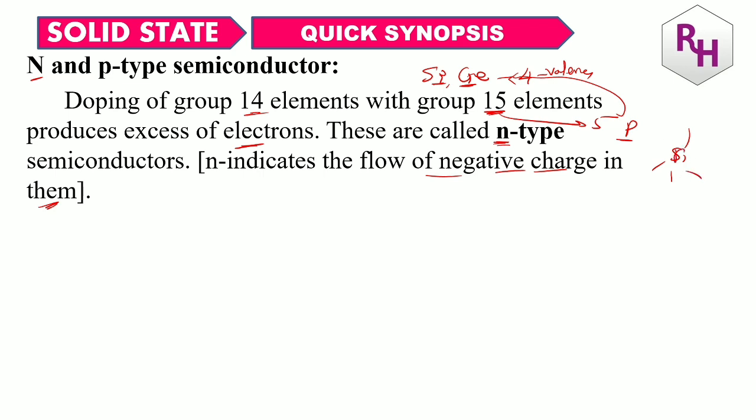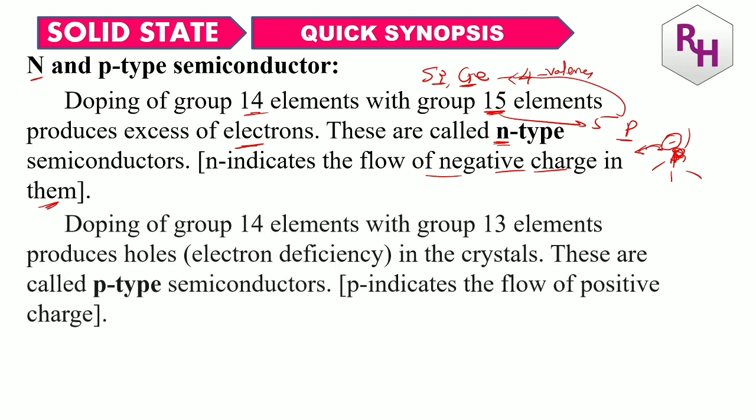But when it is replaced by phosphorus, it has the capacity to form 5 bonds. So that 5th electron will be without any job. It sits idle, right? So this particular electron flows within the crystal lattice, and that is called an N type semiconductor. When current is passed, the negative charge electron is responsible for current, hence it is N type.